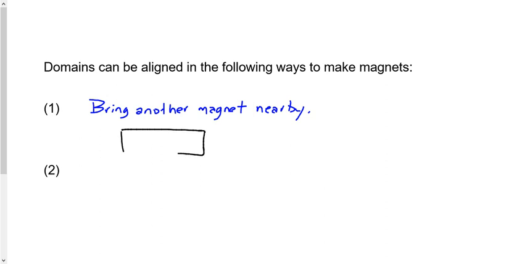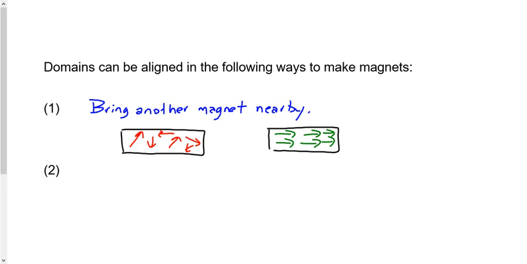Here's object number one with domains pointing in whatever direction, like this. Here's magnet number two. This is actually a magnet because we have the domains already aligned, pointing in one particular direction. This has a polarity associated with it. This would be the south pole, this would be the north pole, because we define the direction of the domains as pointing toward the north.